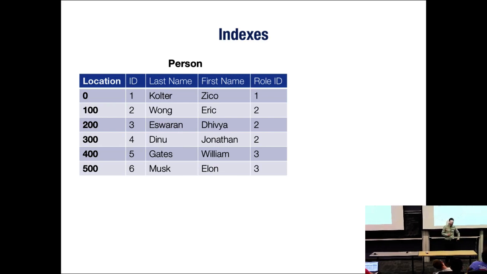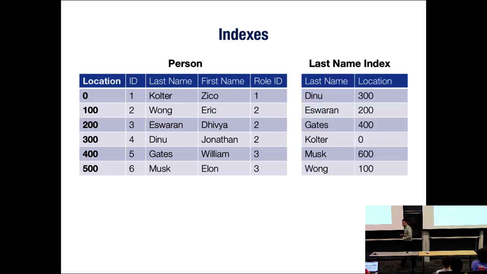It doesn't quite do that, but think about it as just taking your column and sorting it. Each entry in this index contains first the sorted list of the attributes, and for each one, a pointer to the location where that occurs in the actual raw file, not the key or anything.